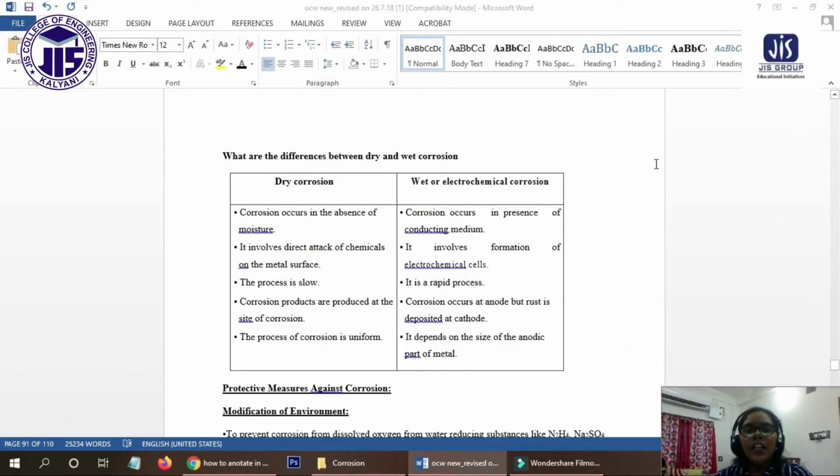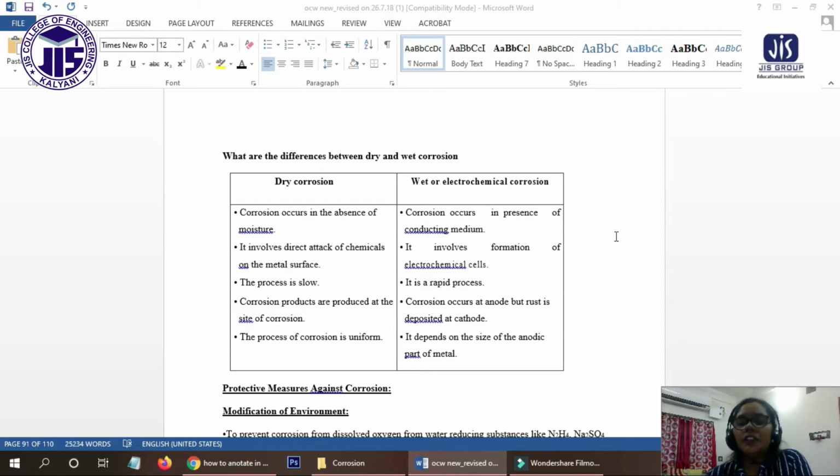So students, we are discussing corrosion and its control. That is module 4, and today our lecture number is 4. In the previous classes, whatever we have discussed, I'm just once again repeating: the definition of corrosion, the causes of corrosion, the effects of corrosion, and the classification of corrosion.